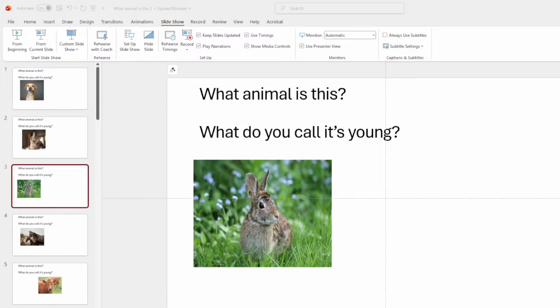All right. So the animal on the screen is a rabbit. Does anyone know what we call the young one of a rabbit?